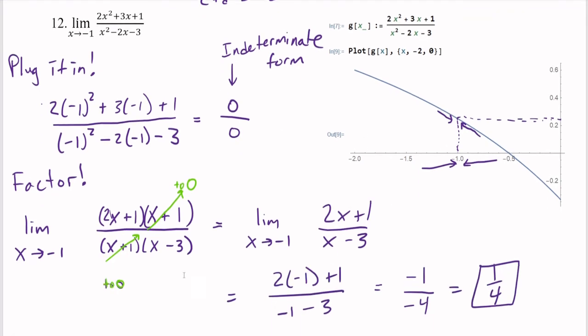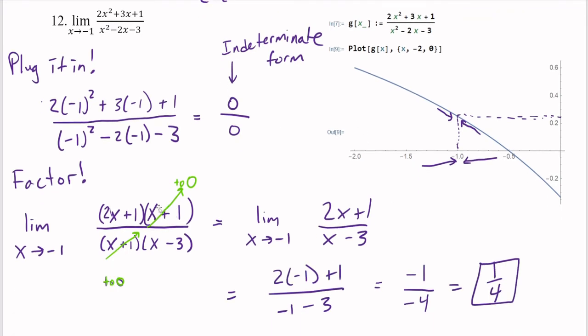And right around -1, these two terms dragging us to 0 cancel, just leaving the 2x plus 1, the x minus 3. Right, so this specifically is working for us because we actually don't care about -1. We don't care about the moment they're both 0. We care about all the x values right around that. They're not quite 0 yet there. They're tiny, tiny, tiny, but they're not quite 0. So there we go. Boom. 1/4 is our limit.